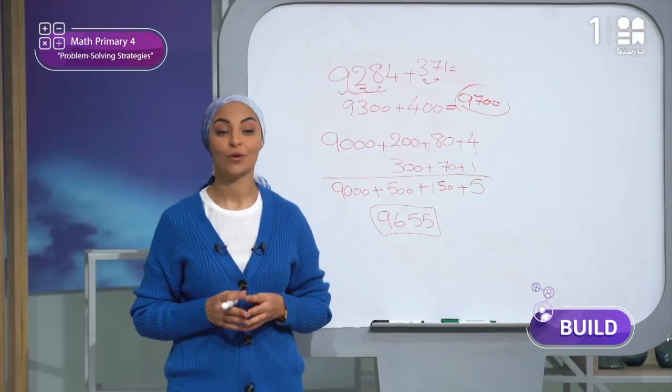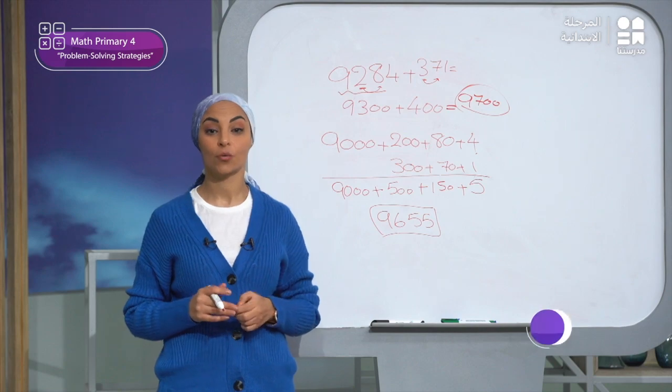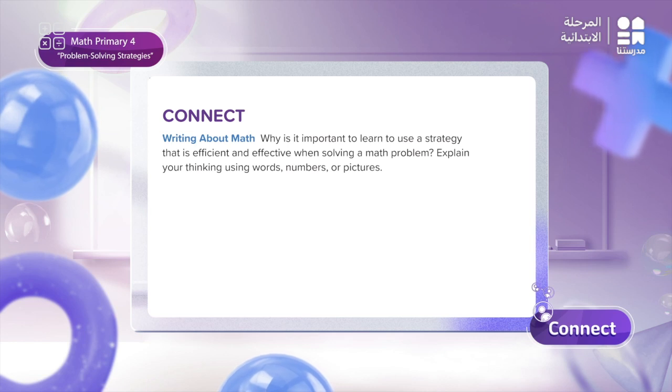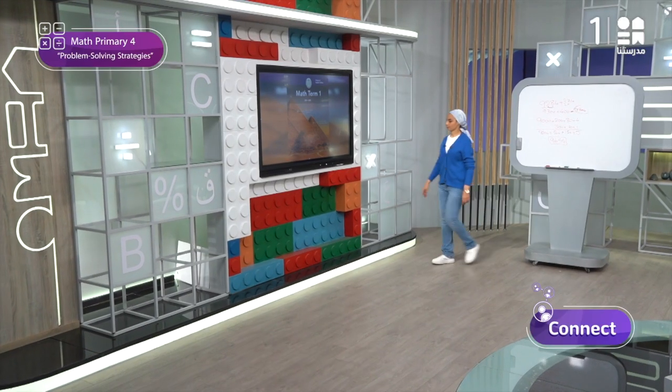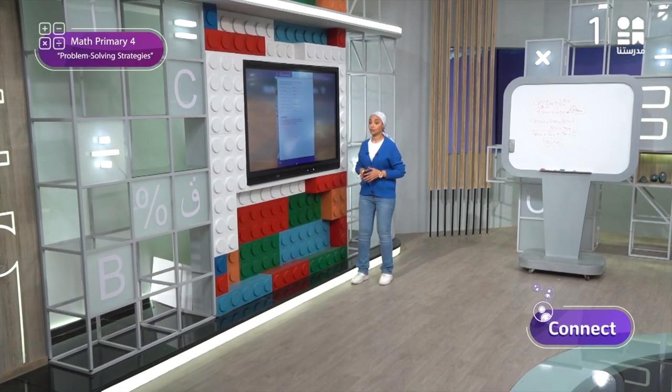And now, after reviewing the different strategies together, we will find the question in the Connect part in your school book on page 332. Let's see it all together. Here in the Connect part, let's check the question to see how we can answer it.